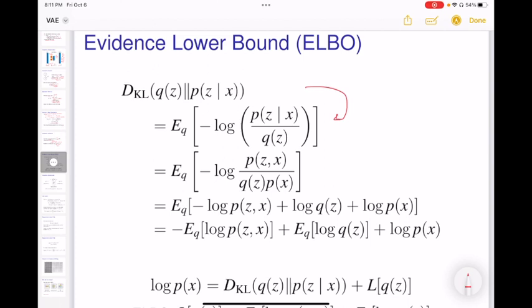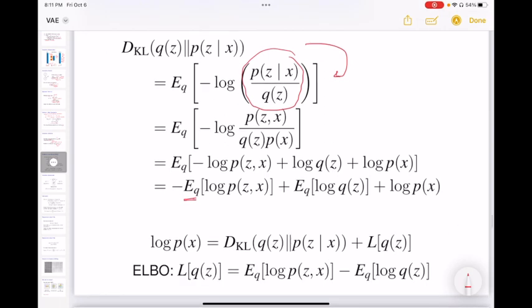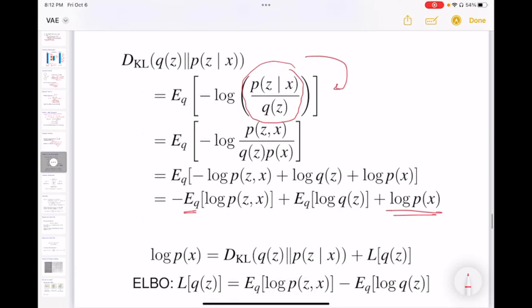Now, using Bayes' rule within the terms here, you can rearrange it to look like this, right? And then because there's a log term, you open it up. We apply the expectation over Q to all of these terms independently. Then we move the log P of X to one side of the equation and move all the other terms to the other side.